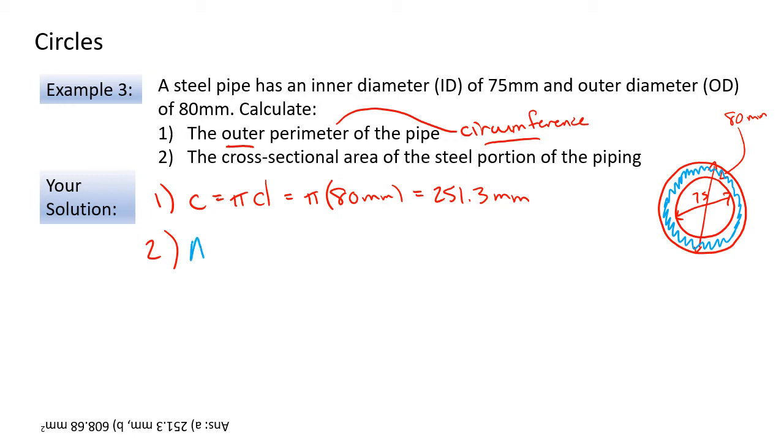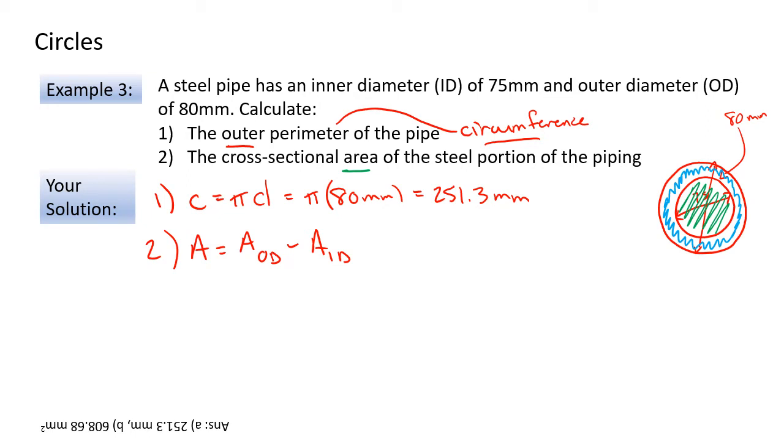So to calculate this, your area, I'll change back to red. Your area is equal to the area of the outer diameter minus the area of the inner diameter, right? Because you don't want this area in the green. Okay, you need to subtract that because it's not actually part of the steel portion of the piping.